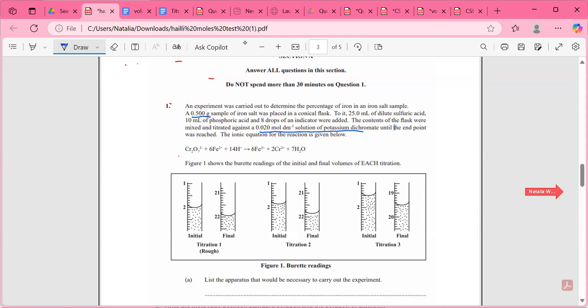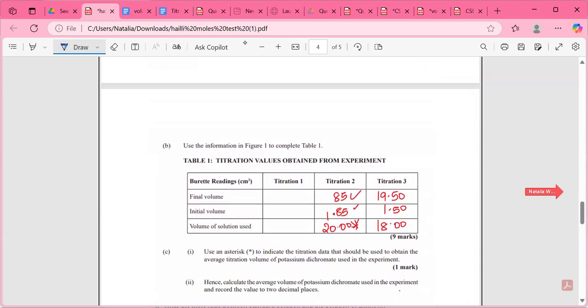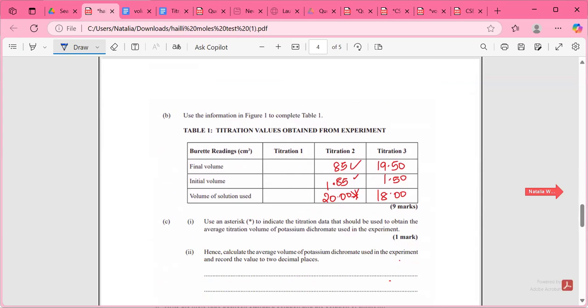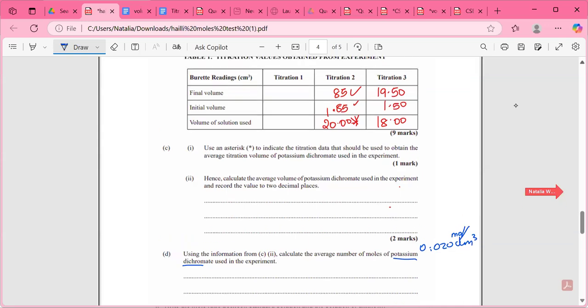So you're going to write that down, because somewhere in the question, they're going to ask me to calculate the number of moles used. So the concentration is 0.02 mole per dm cube. So I'm writing it there.